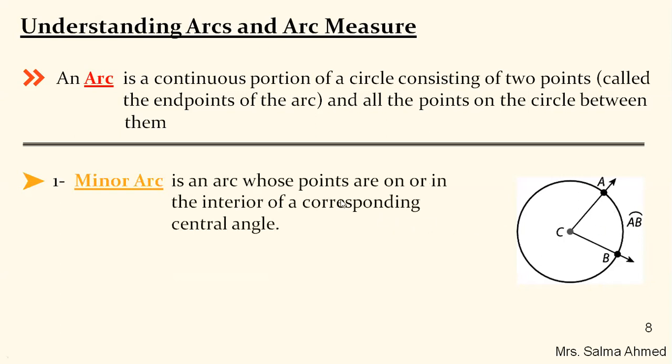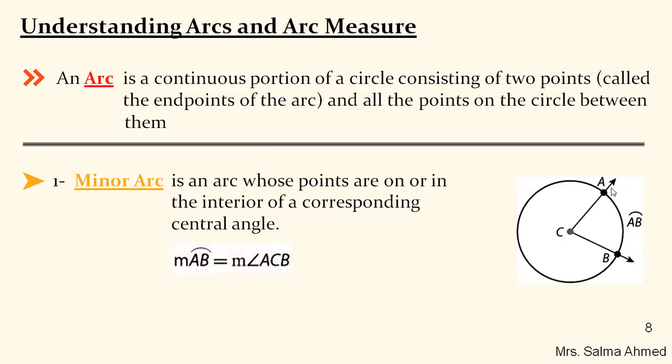It is an arc whose points are on or in the interior of a corresponding central angle. So if I have this central angle, which is ACB, the arc in front of it is called minor arc AB.